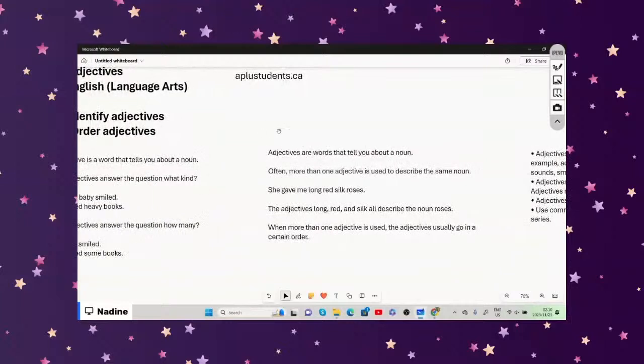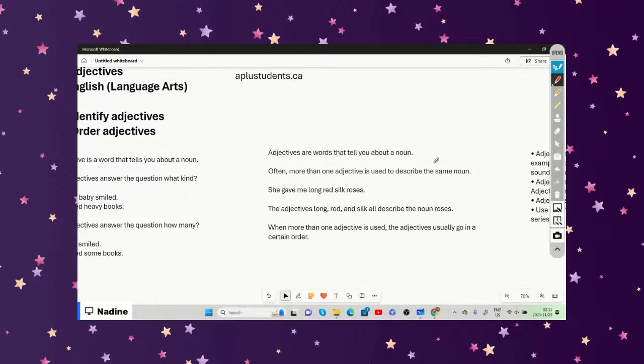And then we're also going to identify adjectives based on the order in which an adjective is described. If you write a sentence and you want to describe the noun, or tell about the noun, or modify the noun, then there's a certain order in which you need to write that adjective. It says often more than one adjective is used to describe the same noun.